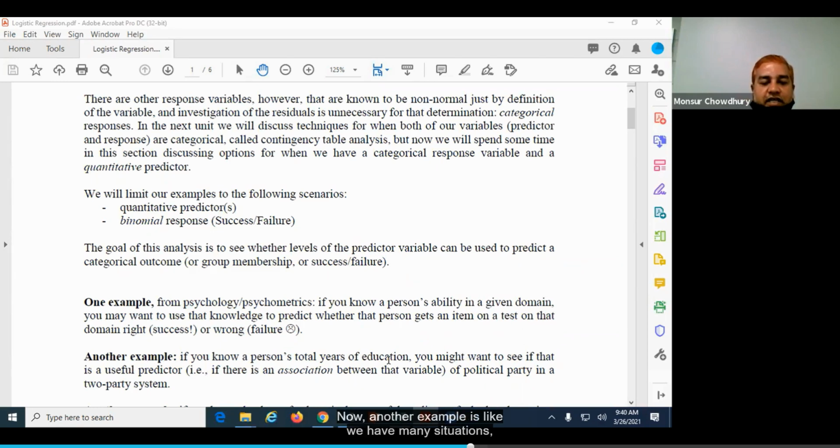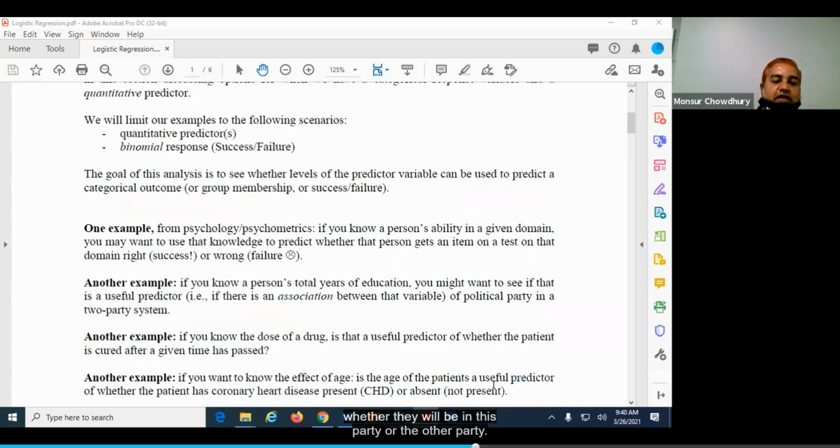Now, another example: if you know a person's total years of education, you might want to show if that is a useful predictor of political party in a two-party system, whether they will be in this party or the other party. Or the dose of a drug may be a useful predictor of whether the patient is cured after a given time.